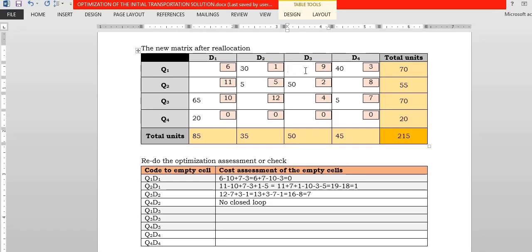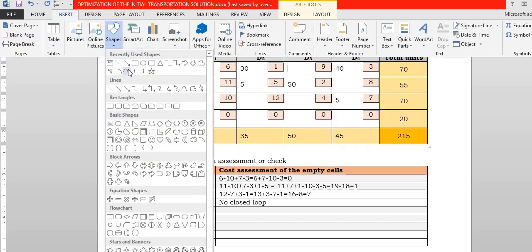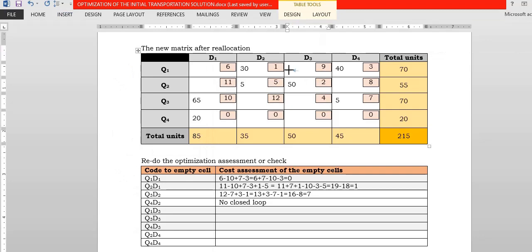Q1 D3 is there. So let's get a closed loop for Q1 D3. Q1 D3 is here. So let's find out what kind of loop we can get out of it. This is very easy actually. It's straightforward. So the loop we have here is just from here to this particular corner.